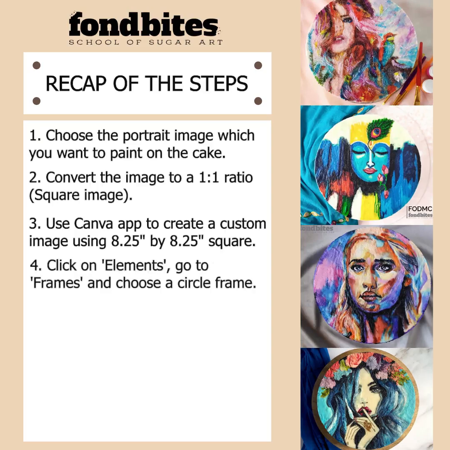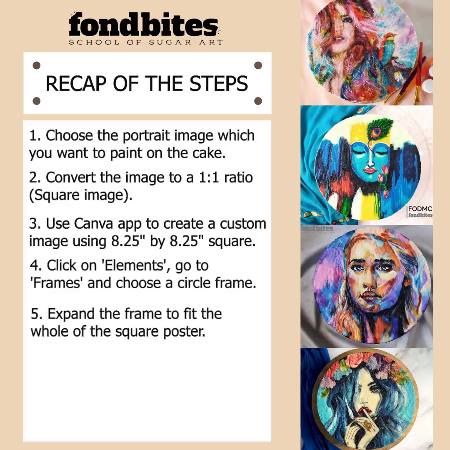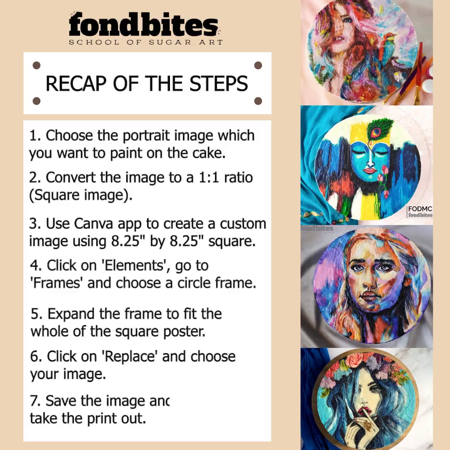And now you're clicking on the elements, adding frame, circle one, and then clicking on the replace and fitting in the image that you are going to use for creating your portrait painting.